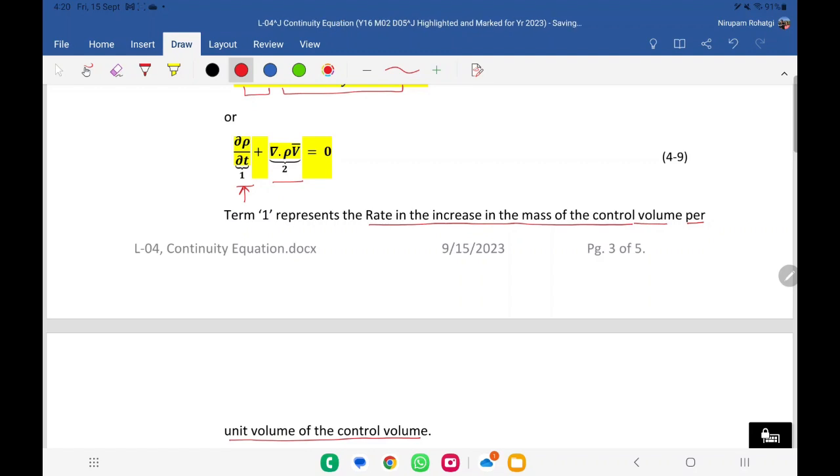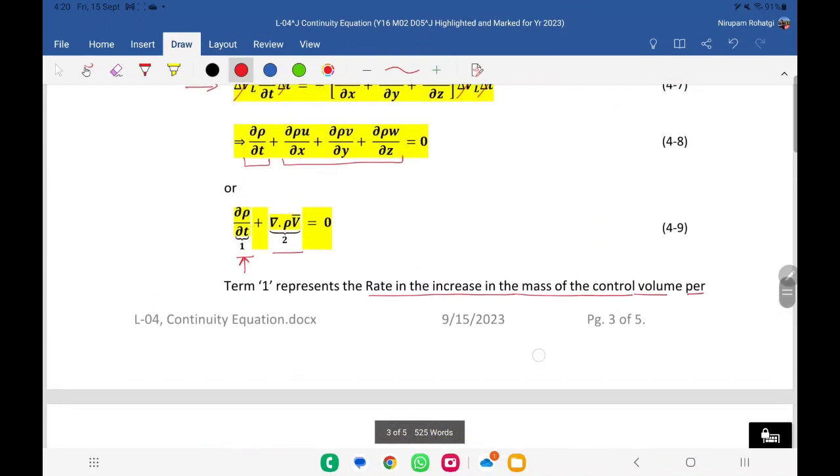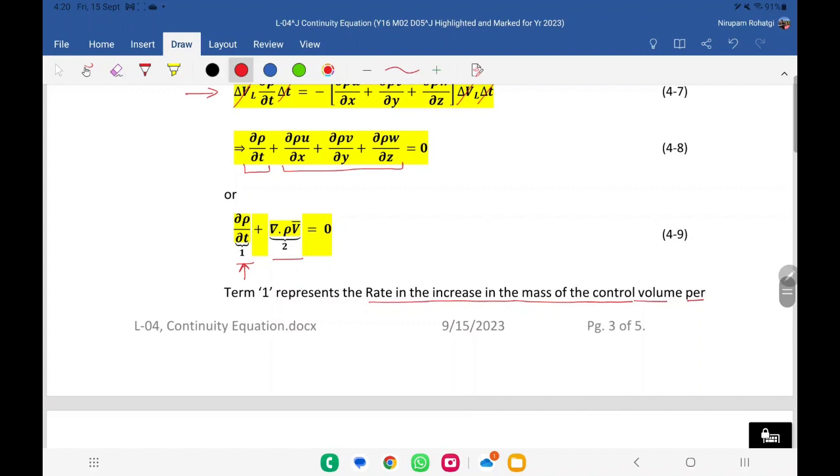Okay, and what is the second term? The second term represents the rate of mass flowing out of the control volume per unit volume of the control volume. This is telling you what? Del rho u by del x.